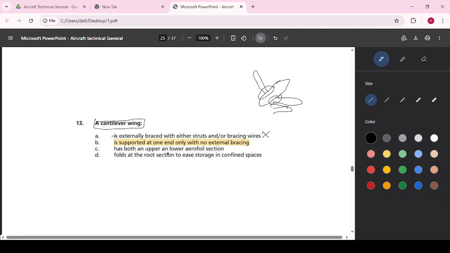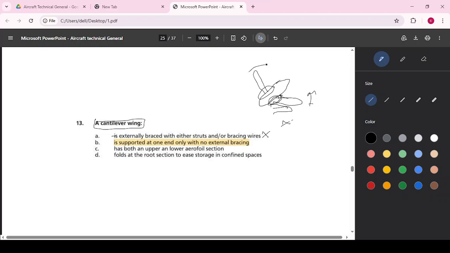Has both an upper and lower airfoil section? No, the airfoil section is as such not on the upper or lower. Folds at the root section to ease storage in confined spaces? We cannot fold these wings. Okay.